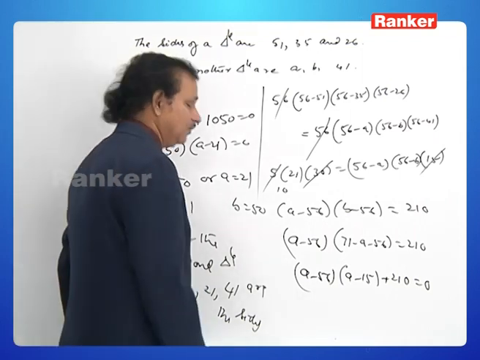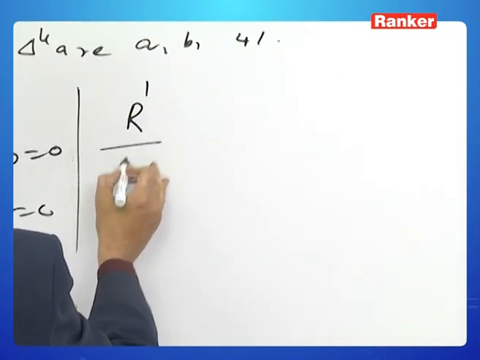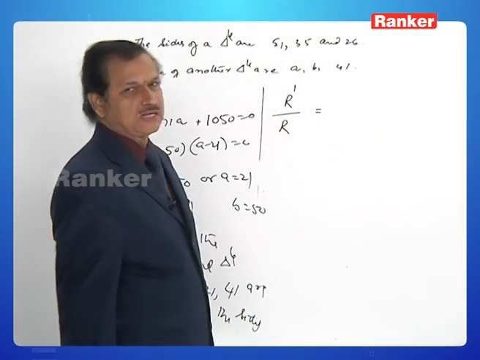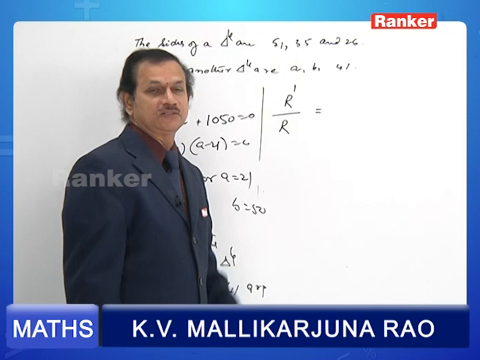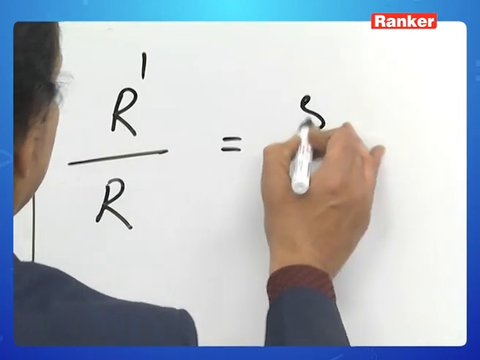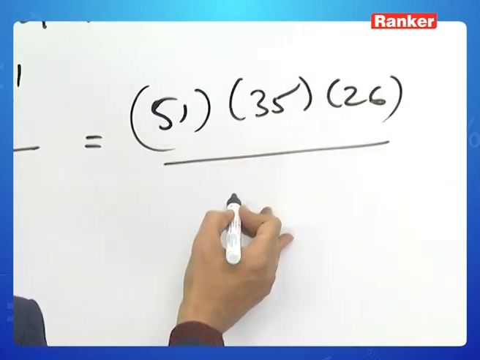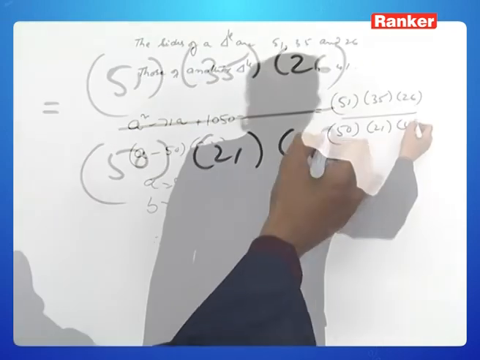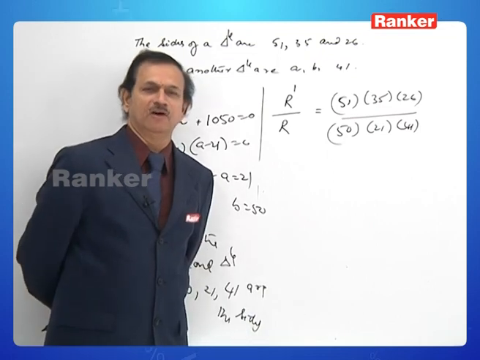Let me call the circumradius of the first triangle R dash and that of the second R. Delta for that triangle is equal to delta for this triangle, so there is no question of obtaining 4 delta. So the required ratio is 51 into 35 into 26 by 50 into 21 into 41. That's it. That is the ratio of circumradii.